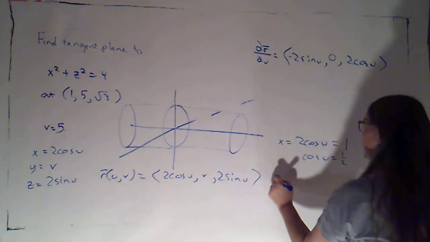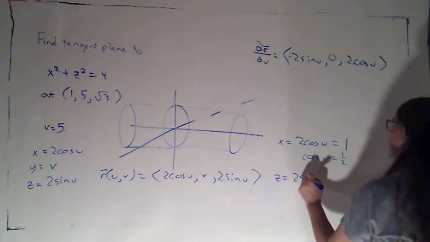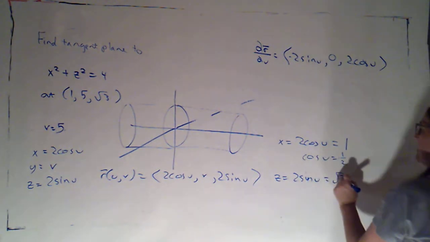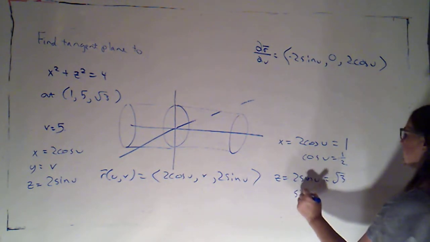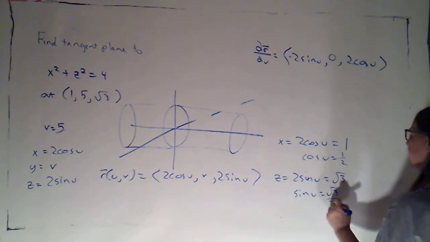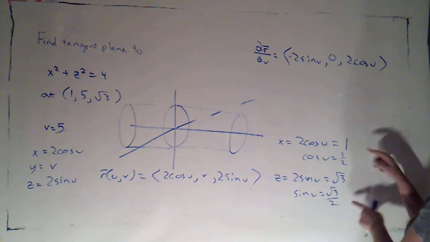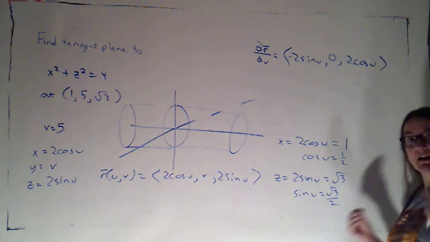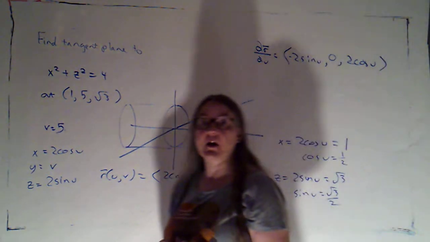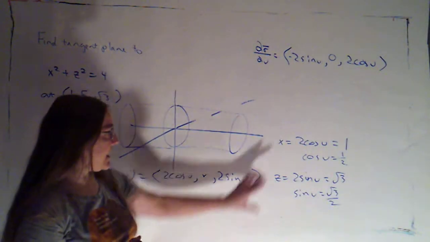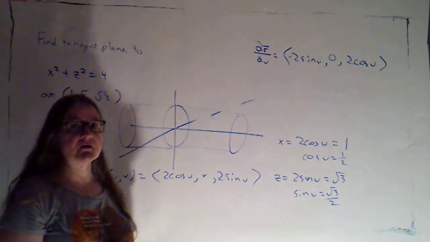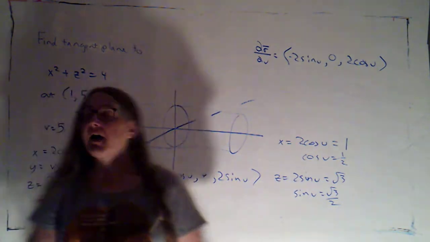My z value is 2 sine of u, and that's root 3. So that means that sine of u has to be root 3 over 2. So u has to be an angle where sine and cosine are both positive, so that puts it in quadrant 1. And I recognize an acute angle that has those properties. u can just be pi over 3.